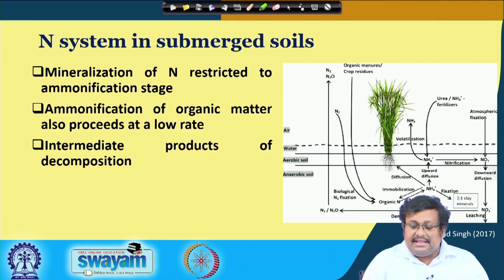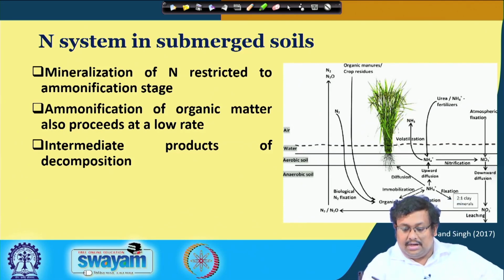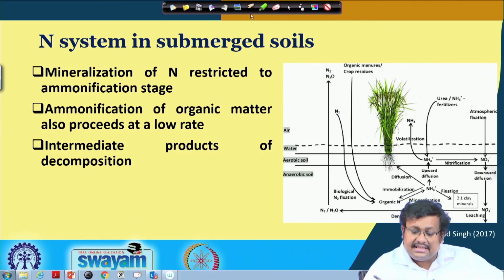So, this picture basically shows a good illustration of nitrogen dynamics in submerged rice soil. You can see here the rice root. This is the water surface, followed by this thin aerobic layer, and then followed by this anaerobic soil.